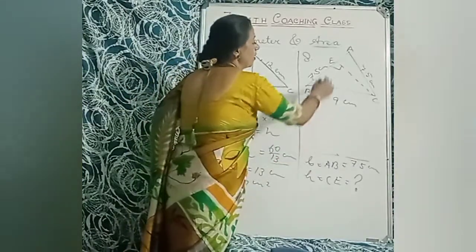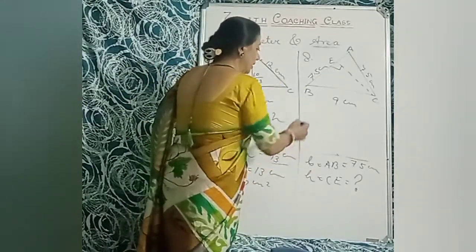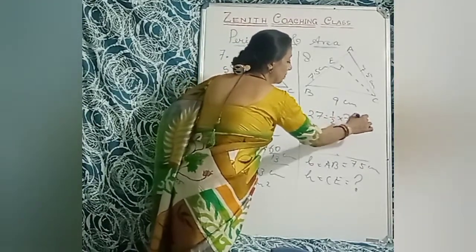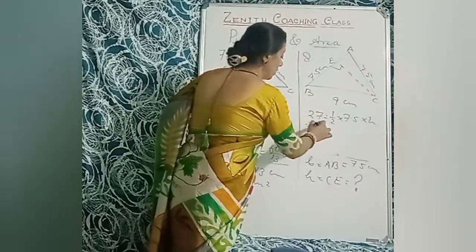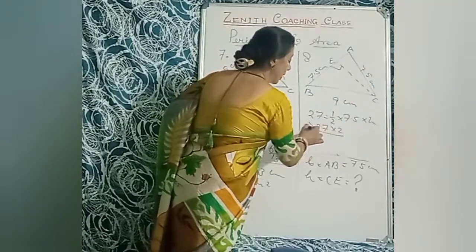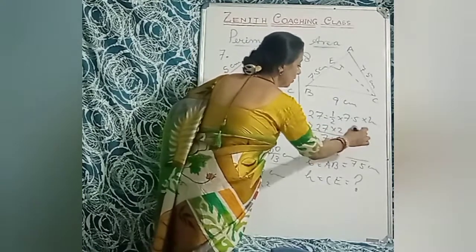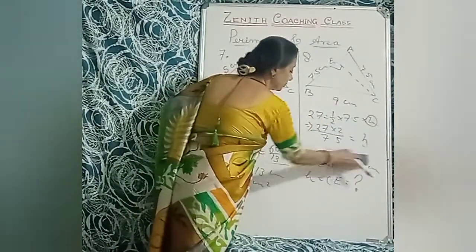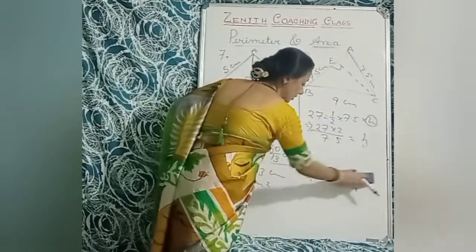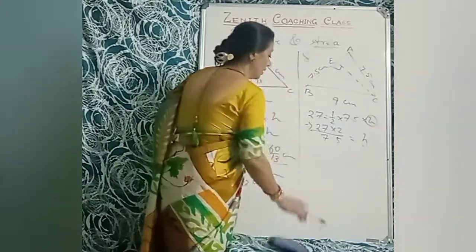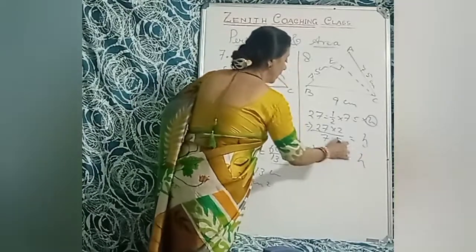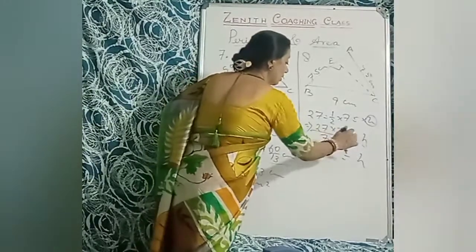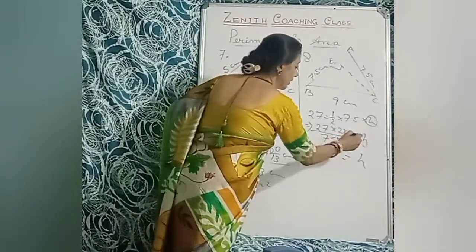So height equals CE, you have to find out. According to the problem, area 27 equals half multiplied by base multiplied by height. So 27 multiplied by 2 by 7.5 equals height. Omit the decimal here and write 10 here.